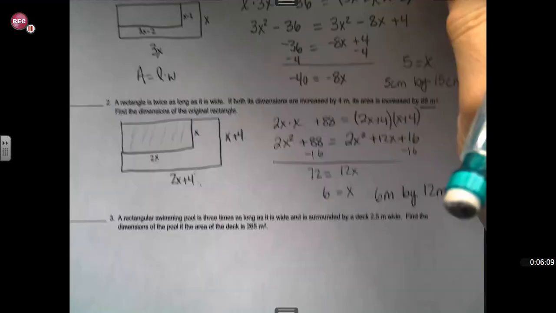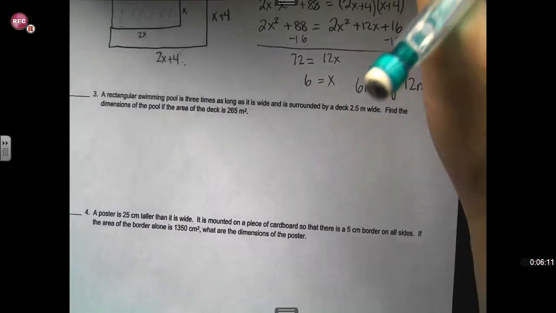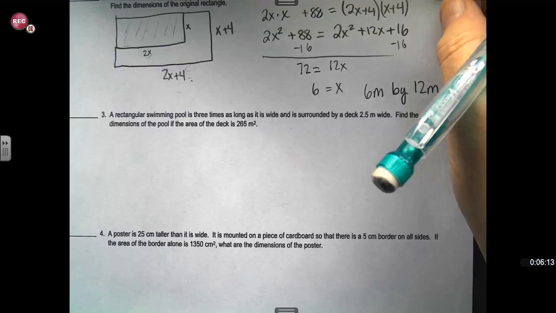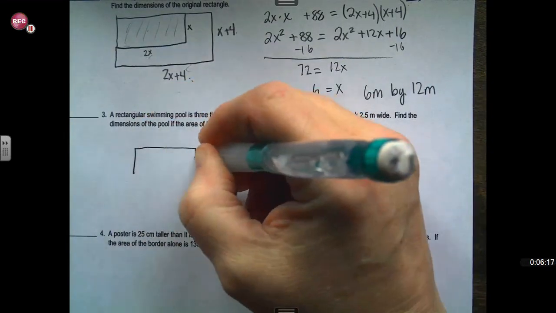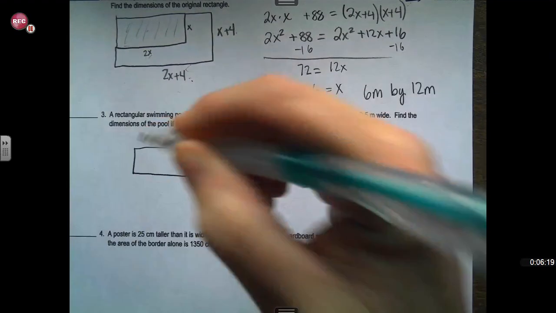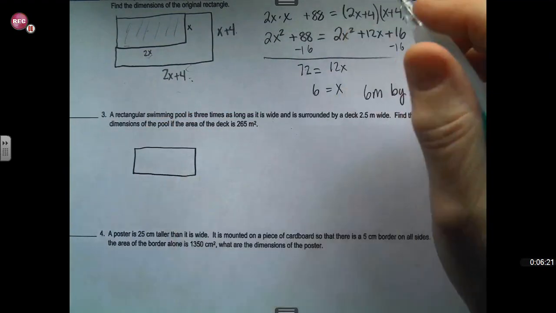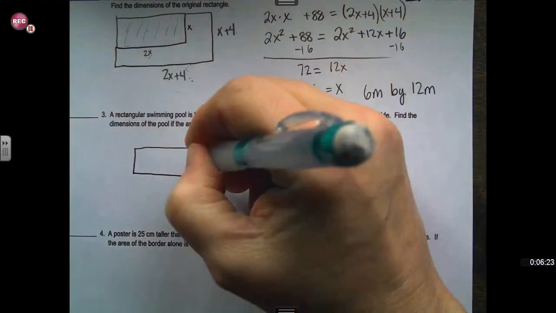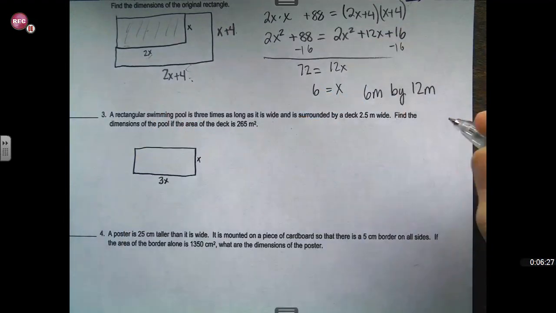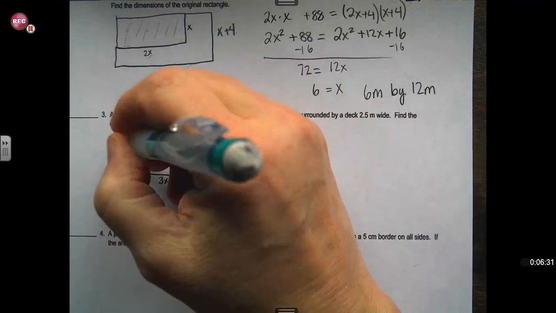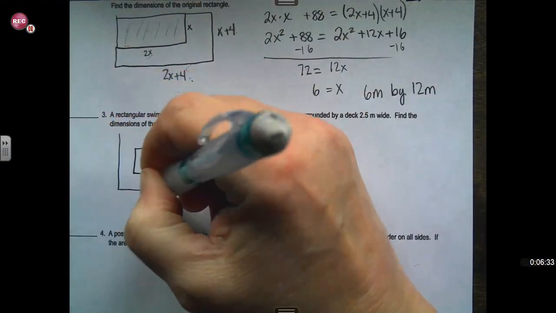Okay, keep going here. We have a rectangular swimming pool. That's an important detail. And it's 3 times as long as it is wide. So this is x, and this is 3x. And it's surrounded by a deck that's 2.5 meters on all sides.